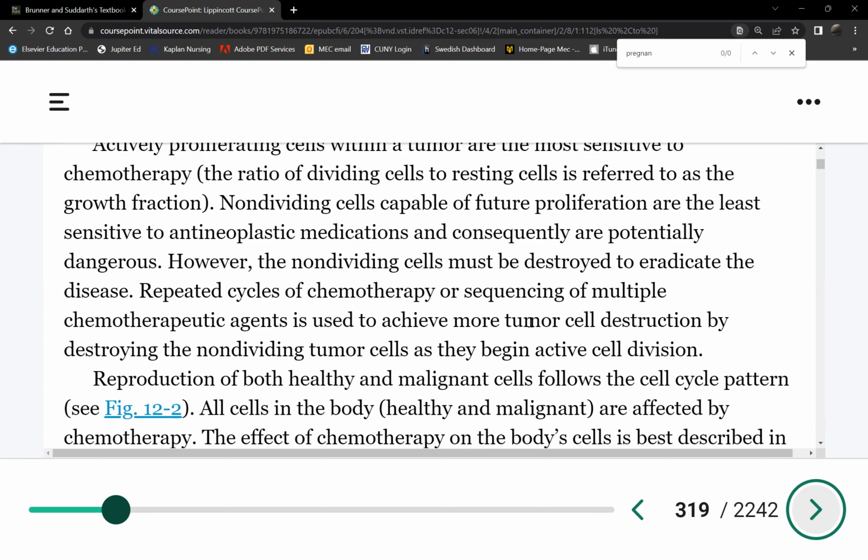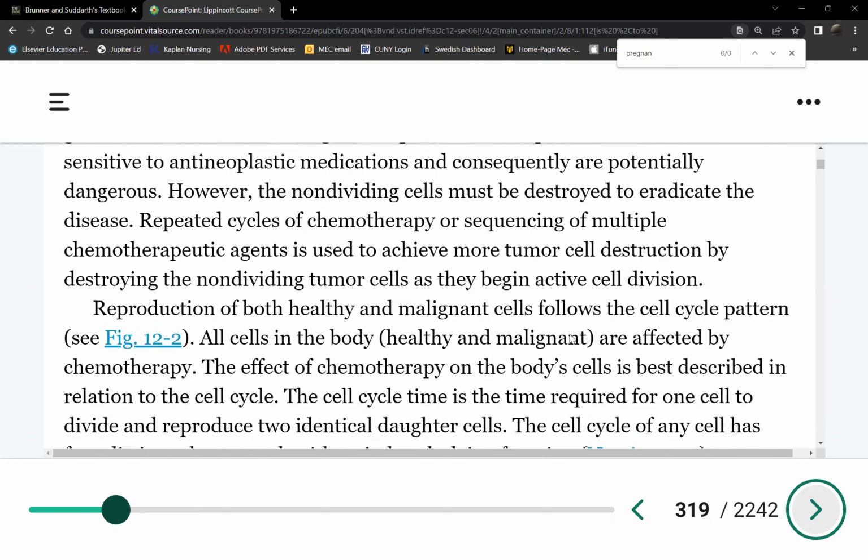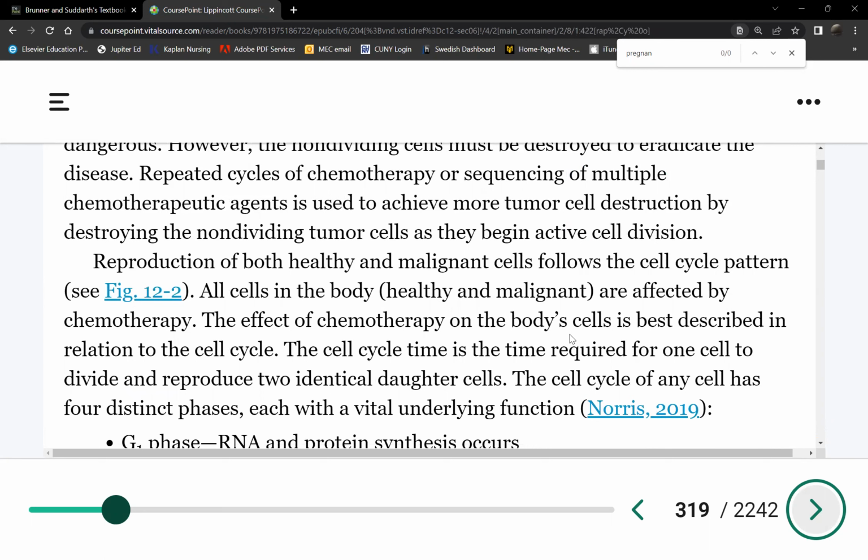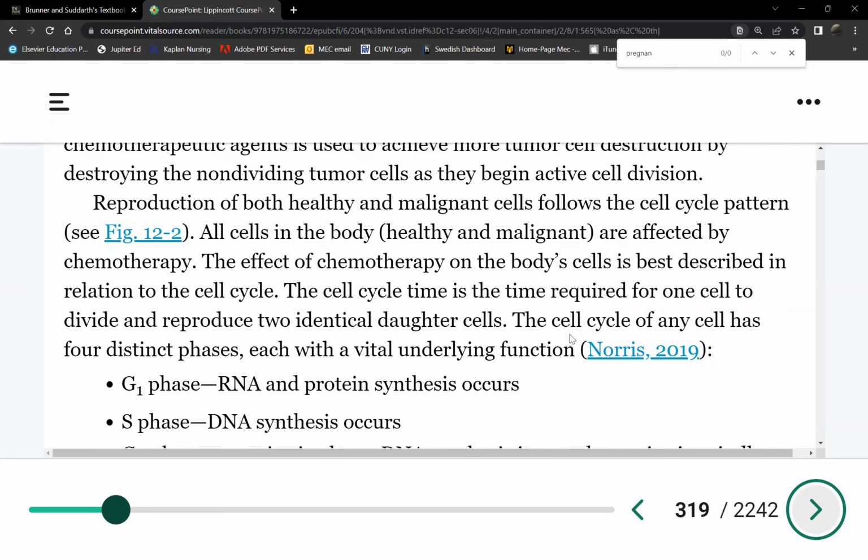So they either target it during mitosis, or they target the DNA, for instance. However, since they cannot distinguish between malignant, benign, or normal cells, they will affect all cells. So therefore, they will have some systemic effect as far as cell division goes. So that would be responsible for the side effects or complications that result from chemo treatment.